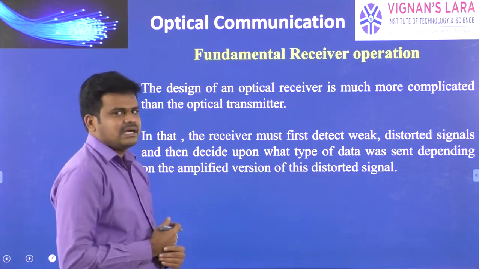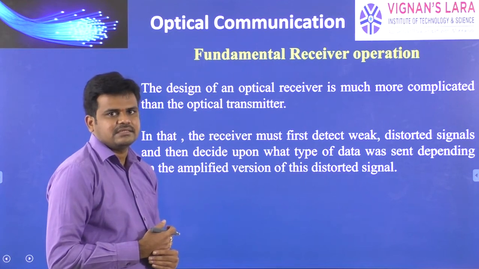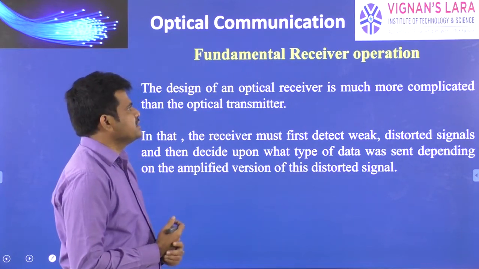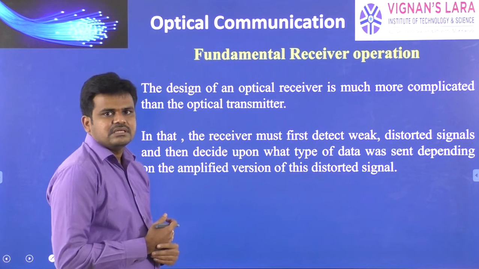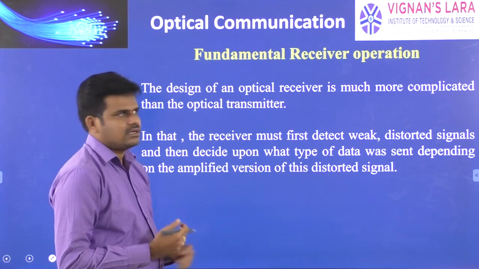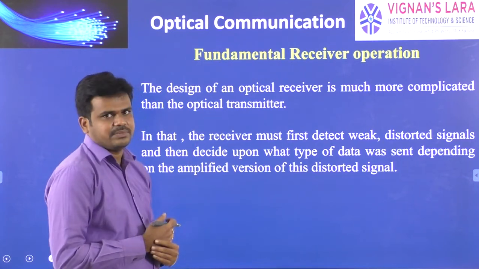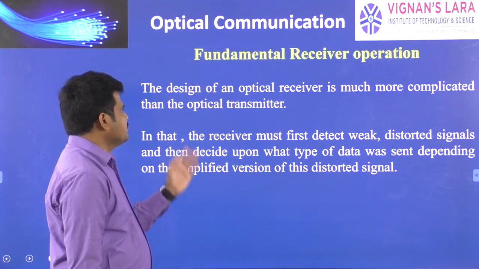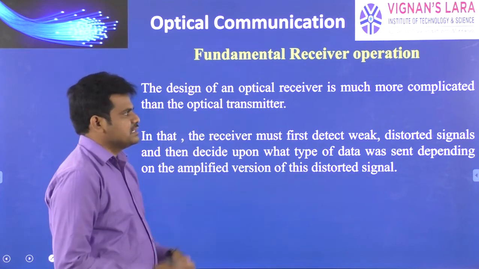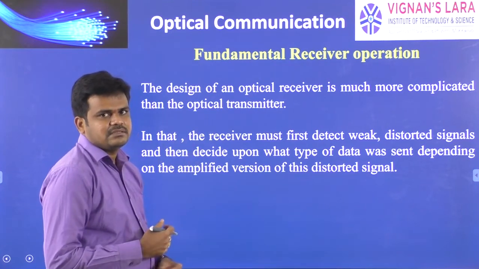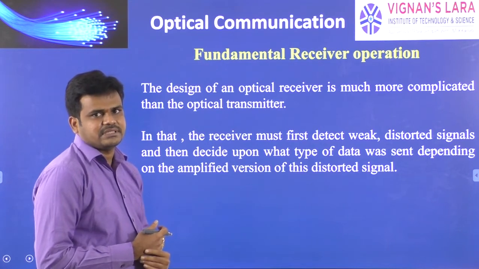Today we will continue the lecture with another topic, that is optical receivers, or fundamental optical receiver operation. The design of an optical receiver is more complicated than the design of a transmitter.